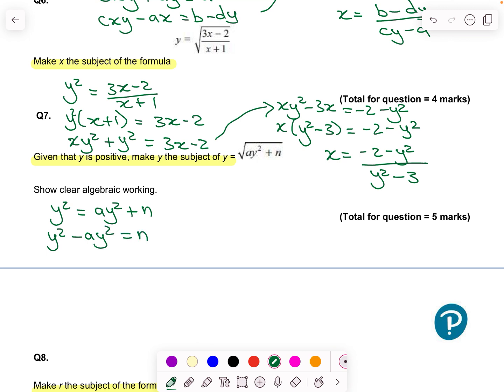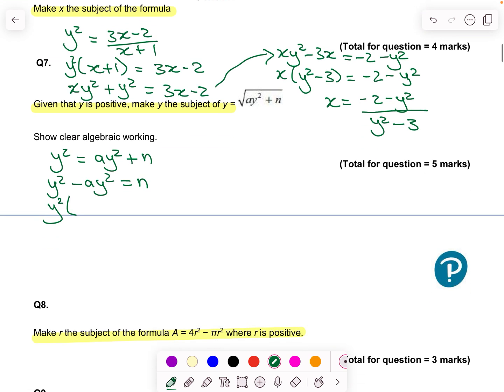Equals n. Then factorise so that I've got y out. And in fact, I could take y squared out. Am I going to take y squared out? Yes, I'm going to have to because I can't have a y inside the brackets. I'm going to take y squared out. (1 take away a) equals n.